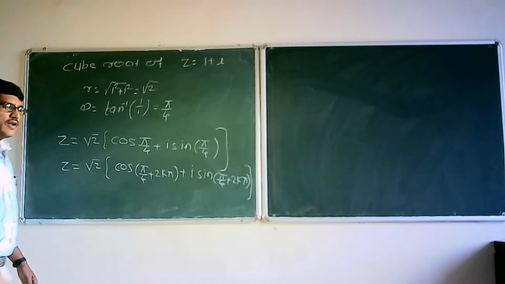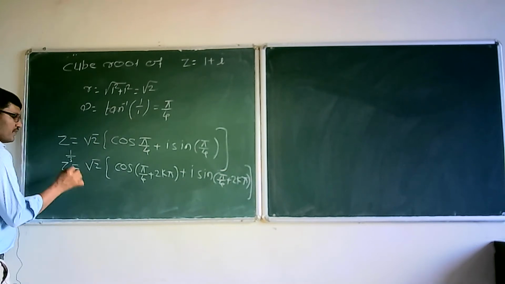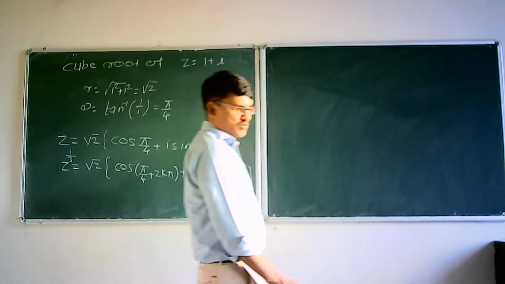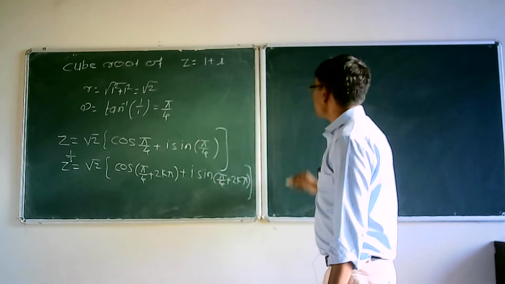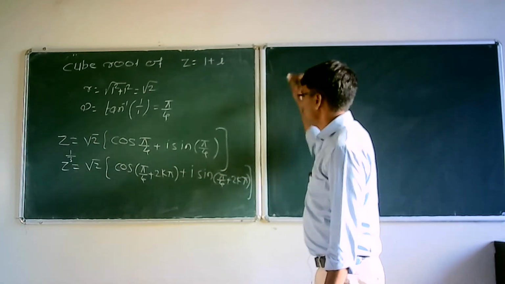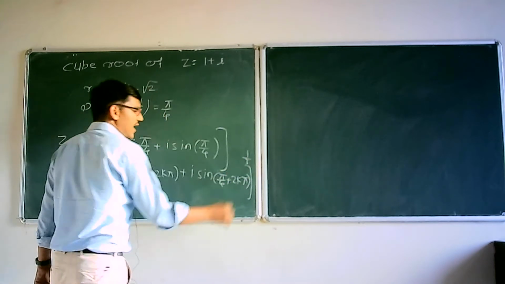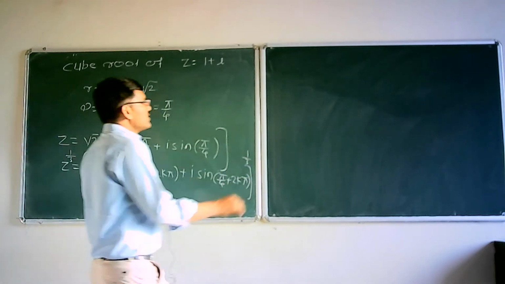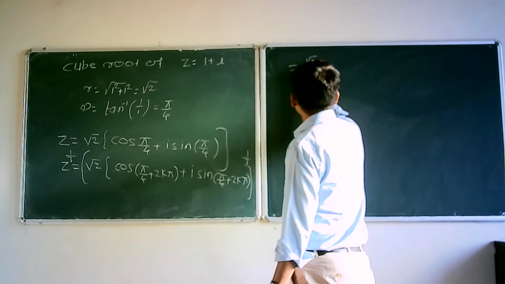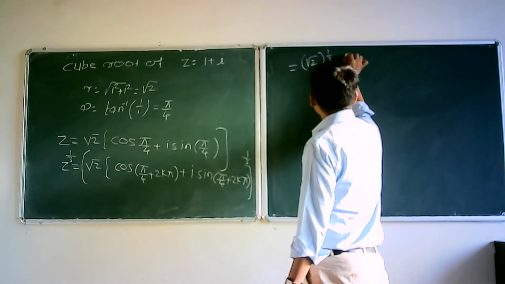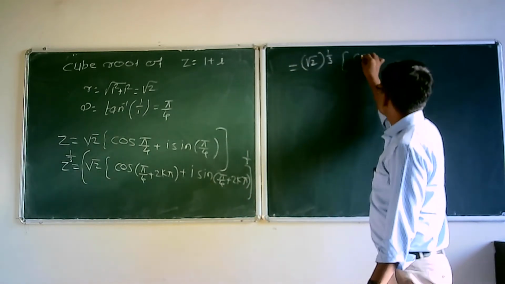Now z raised to 1 by 3 is equal to, we can write this as r raised to 1 by 3, and by using De Moivre's theorem, this is equal to under root 2 raised to 1 by 3 into cos.